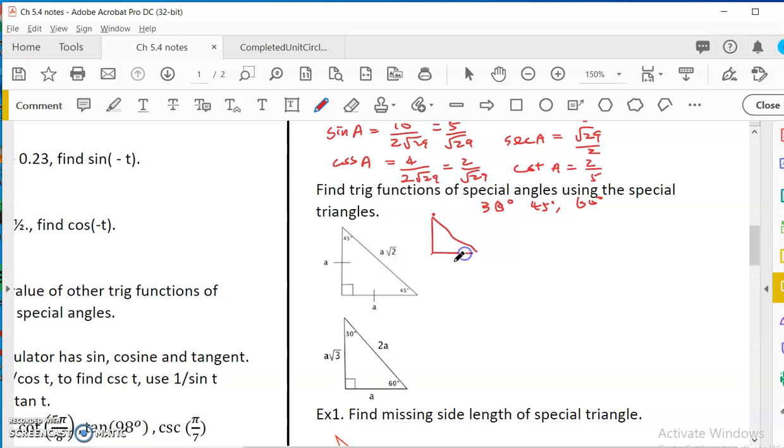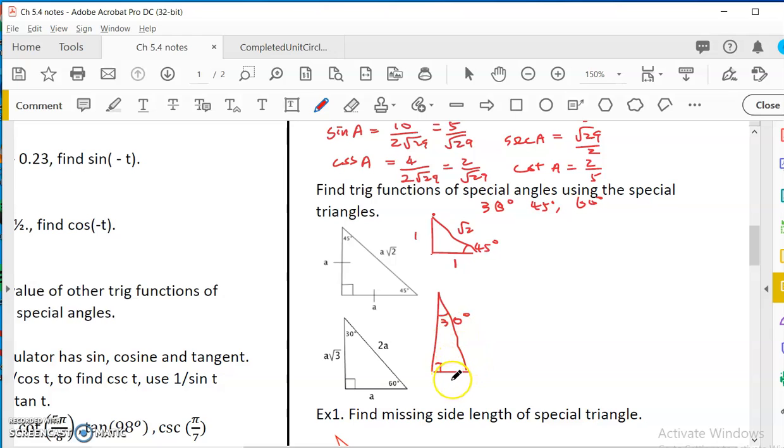The easy one to remember would be 1, 1, root 2. So this is the one that we would remember if it is 45 degrees. And for the 30, 60 degree triangle, you can draw this one. Or we can draw it where the 30 degree angle is on the horizontal.